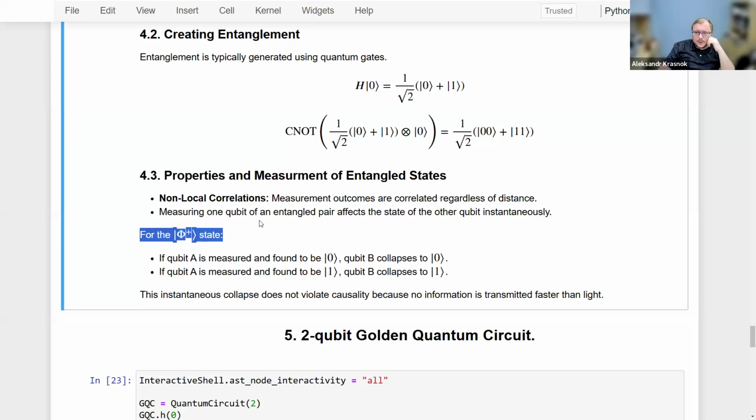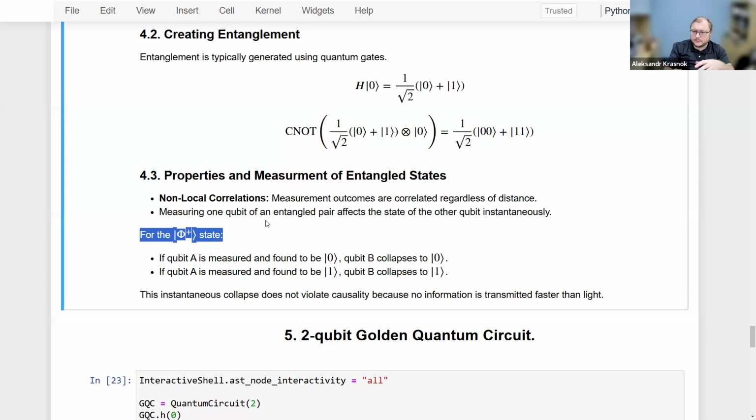Yeah, so measuring one qubit immediately affects the state of the other one. It's not correct to say that. It does not affect the state, because that state is already there, but we have these two states at the same time.